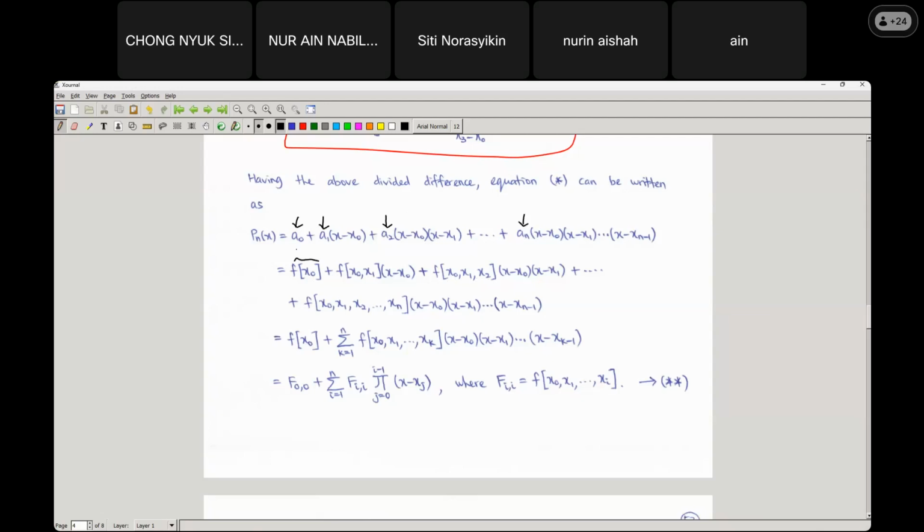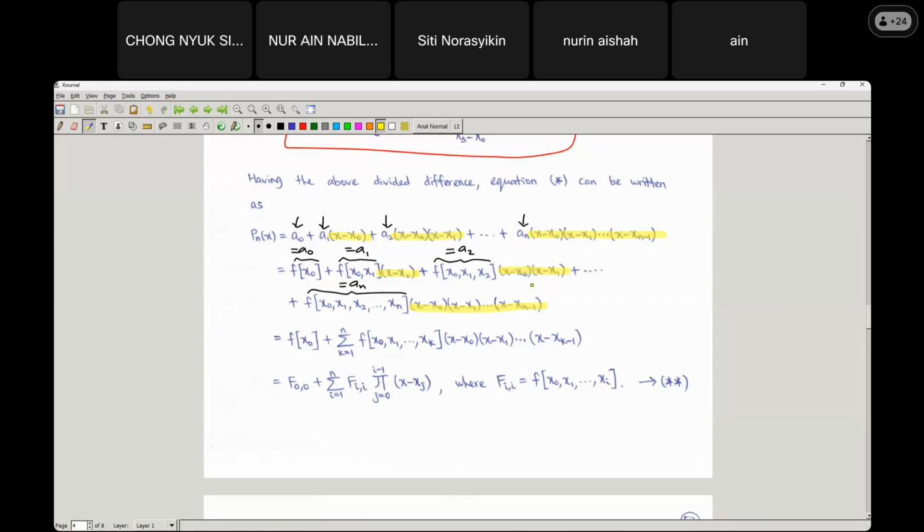So I just write it like this. This is equal to A0. This one is equal to A1. We know that this is equal to A2. If you have An, this is equal to our An. The rest you maintain the same. So you see this multiplication of the factor, you get back the same thing. I highlight it so that you can see better.